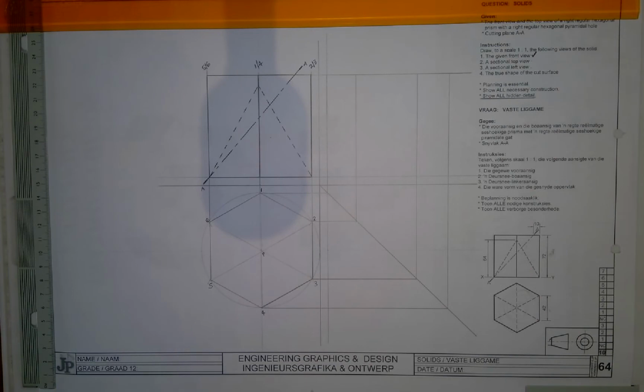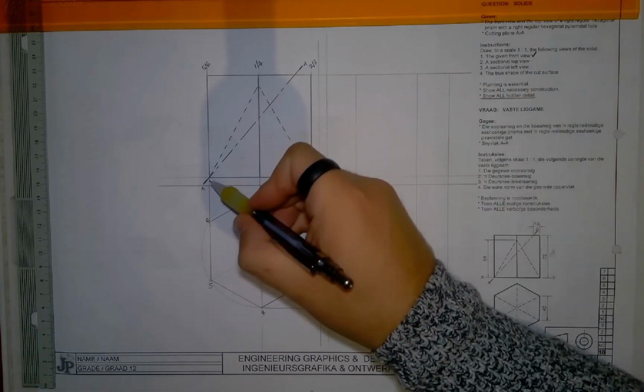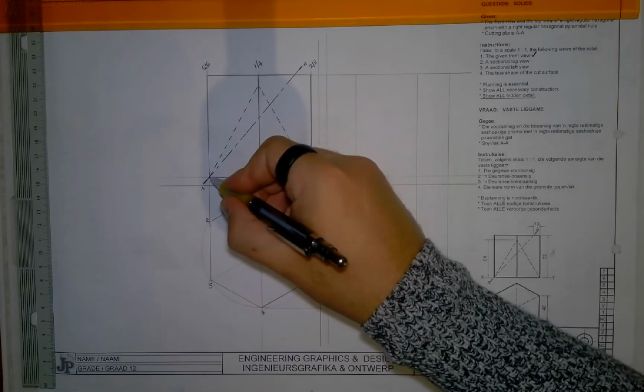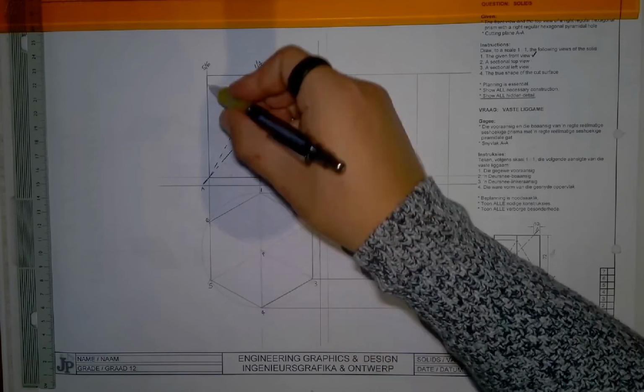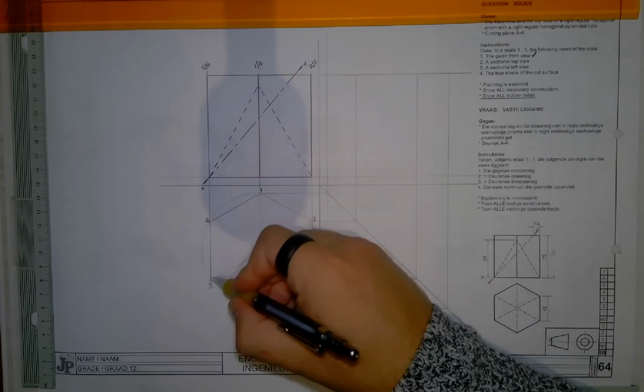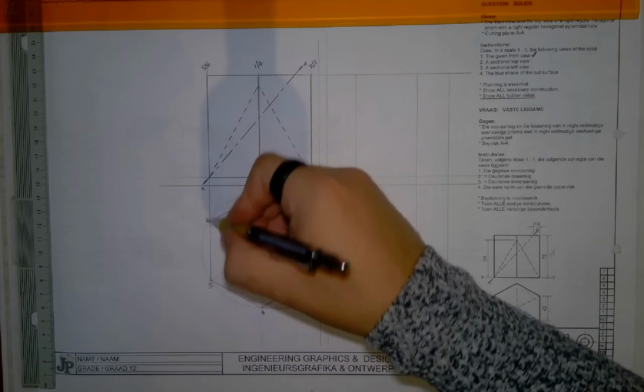Now you have to figure out what line has to be cut, which line has to be sectioned, and so on. You can see that this line over here starts on 5 and 6, correct?